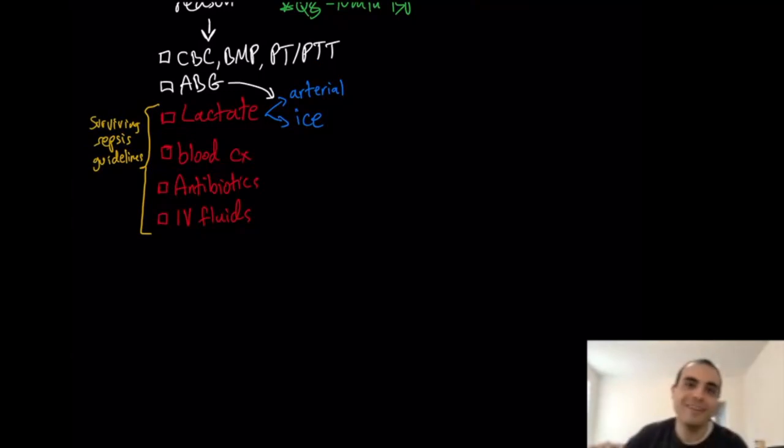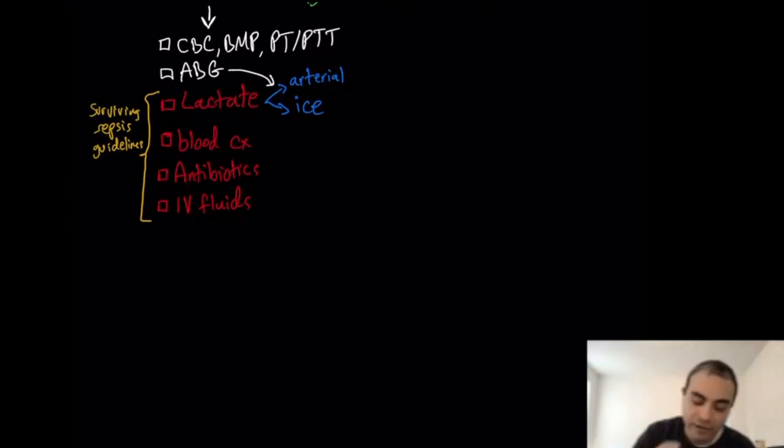They will say, hey, you diagnosed this guy with septic shock, you didn't do these 4 things. So these 4 measures are very, very important. Once you suspect sepsis, you want to do all of these measures.